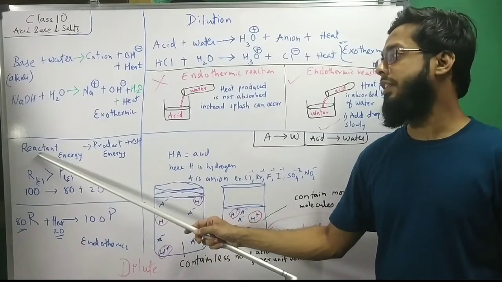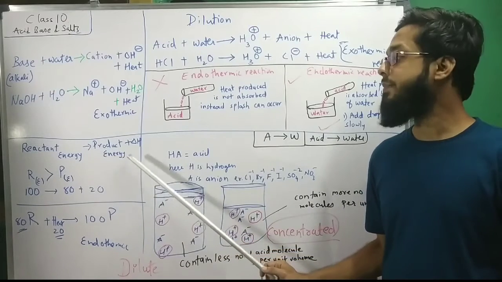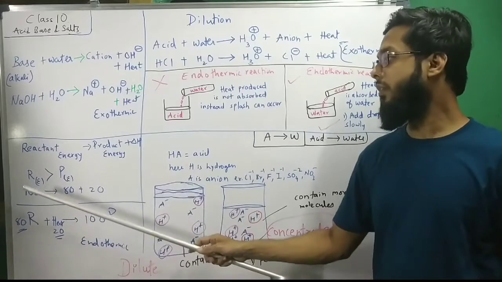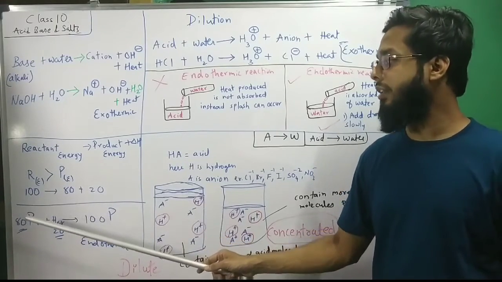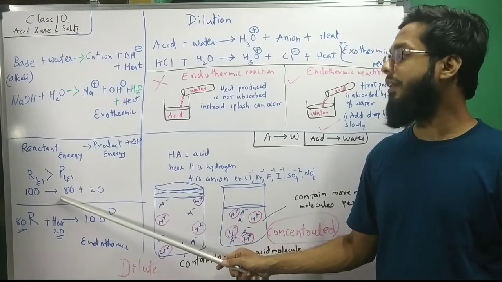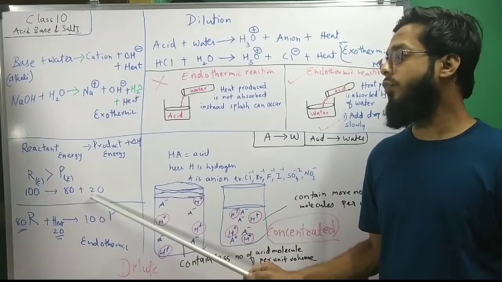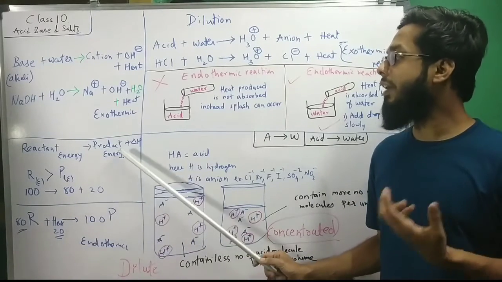When the reactant energy is more than the product energy, there will always be an evolution of heat. For example, the reactant has 100 calories of energy and the product has 80 calories of energy. So the excess 20 calories convert into heat energy, which we call evolution of heat energy, or an exothermic reaction.